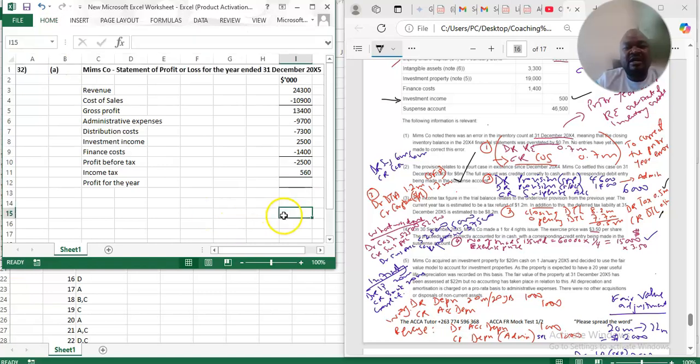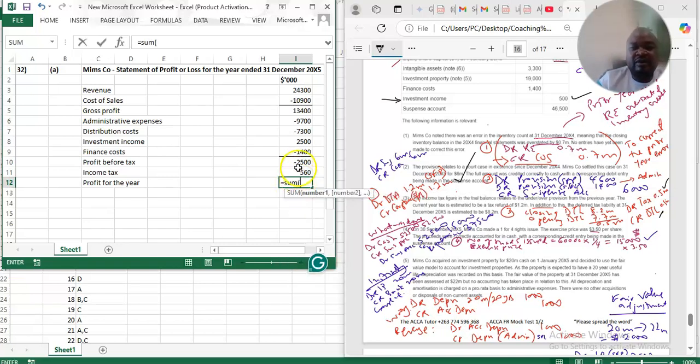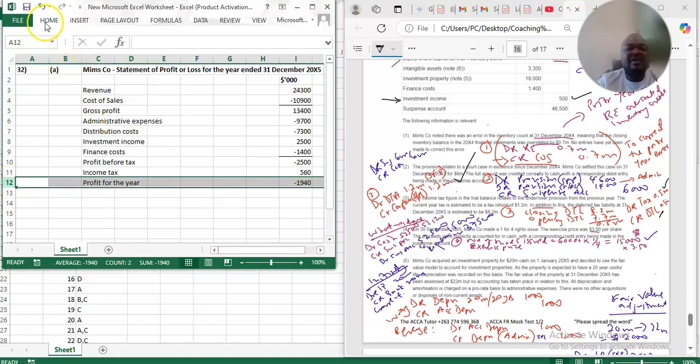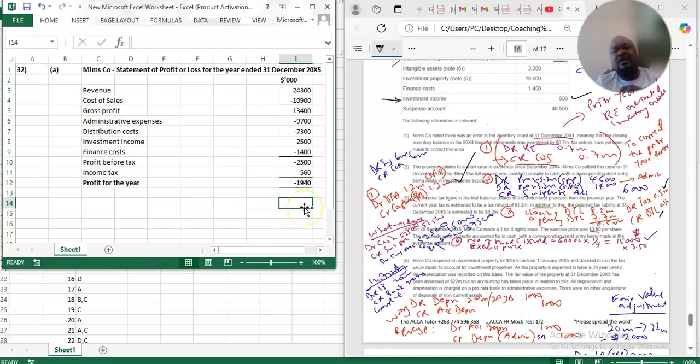Anyway, I'm using the current formats that are there. All right, so if we do a summation here again, we're going to get negative 1,940. And I've told the examiners, Mr. Examiner, all my figures are in thousands. They are in dollar thousands.